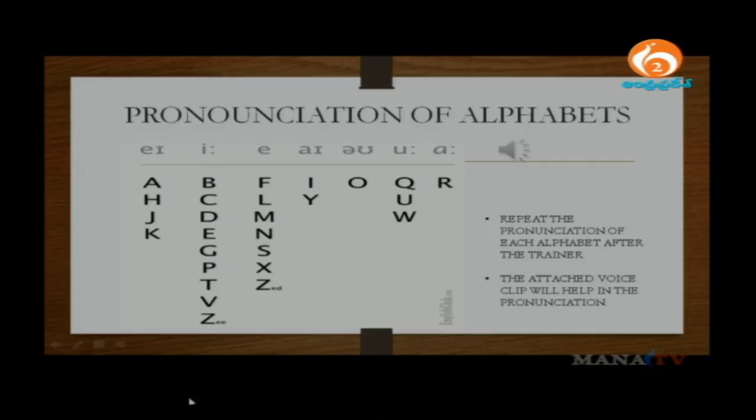First we have the A sound. These are the first set of letters with the A sound: A, H, J, K.